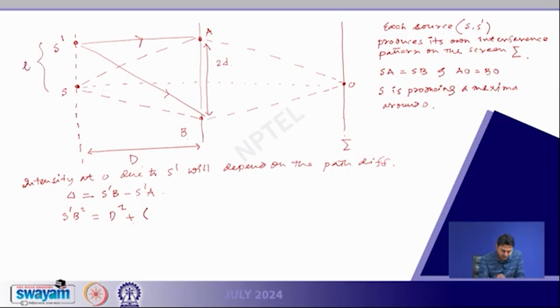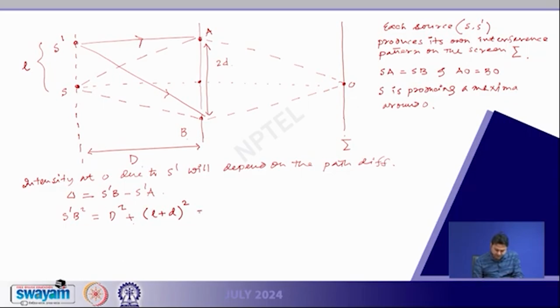I need to define this, otherwise I will not be able to calculate that. So it should be D square plus L plus D whole square, because D is from this to this point and I am calculating this. So D square plus L plus the length that is here. So this will be S prime B square.